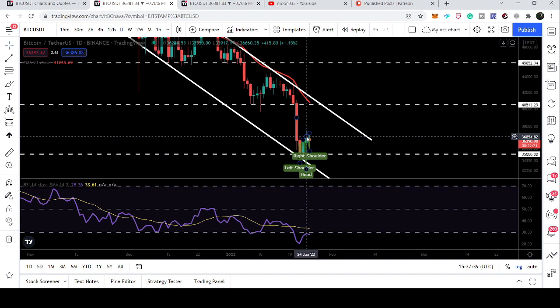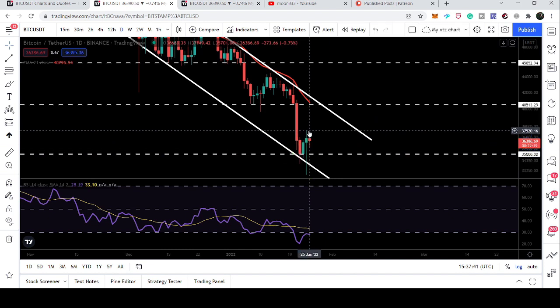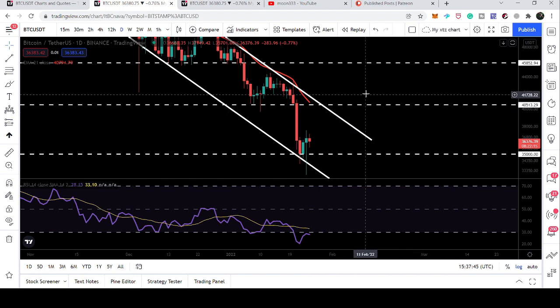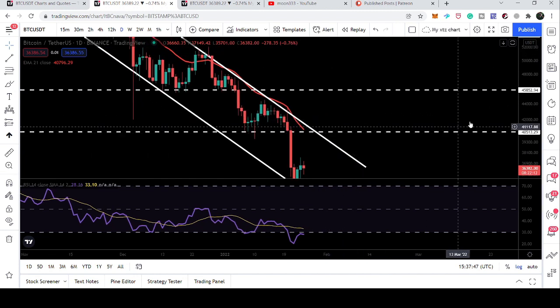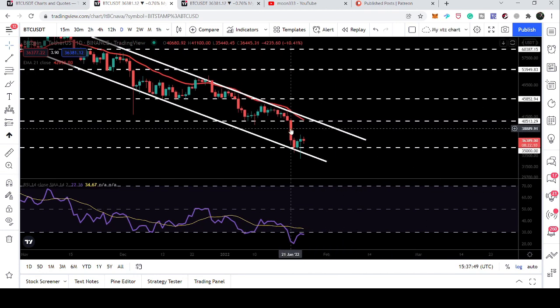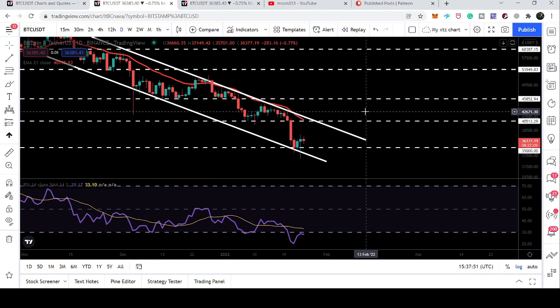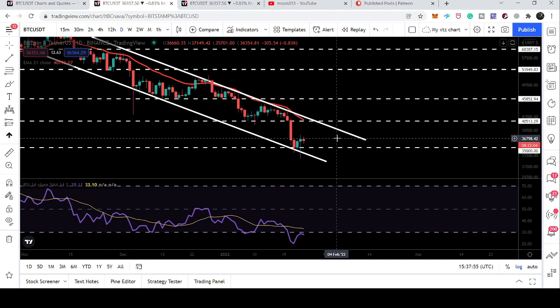However, the target of the head and shoulder pattern is beyond $40,000, so it can also lead the price line to break out this resistance of the down channel as well. And after breaking out this down channel, every resistance can be broken out one by one, because this will be the first key for Bitcoin to change the trend even on the daily time frame, from down to uptrend. So this was the update so far.